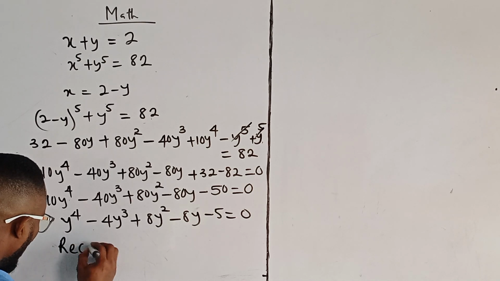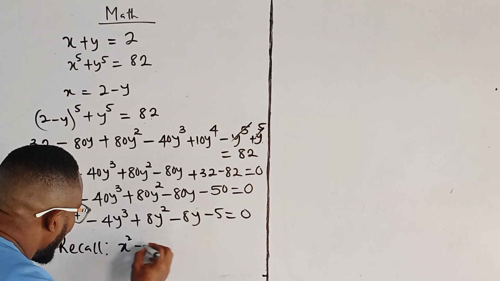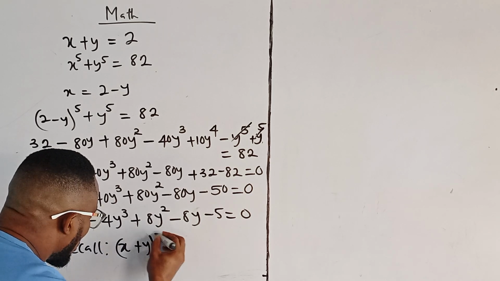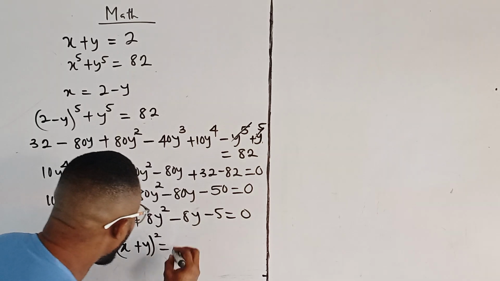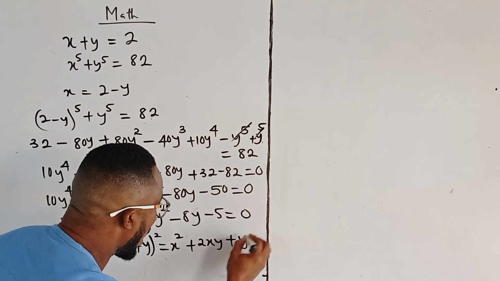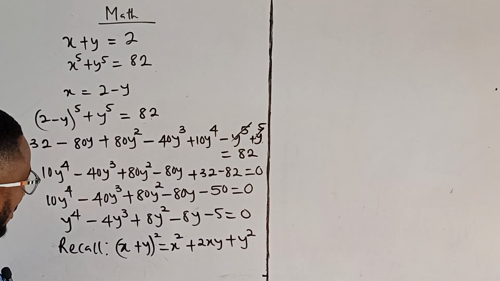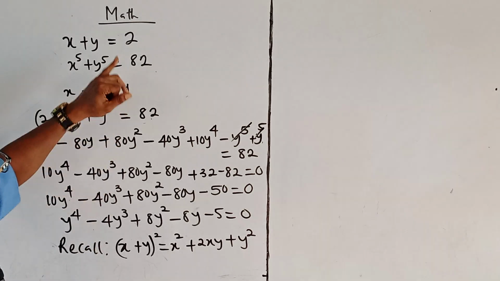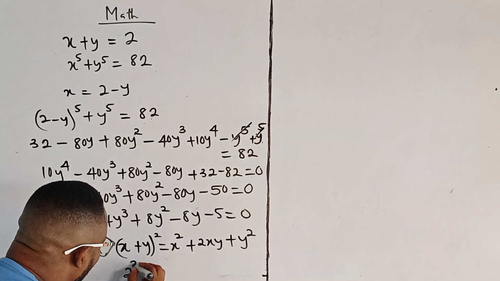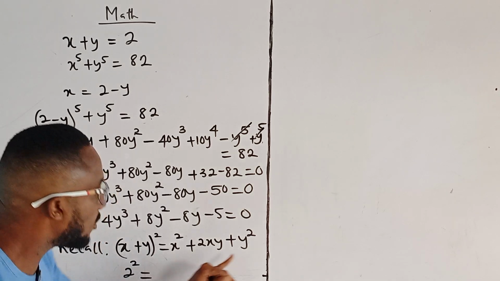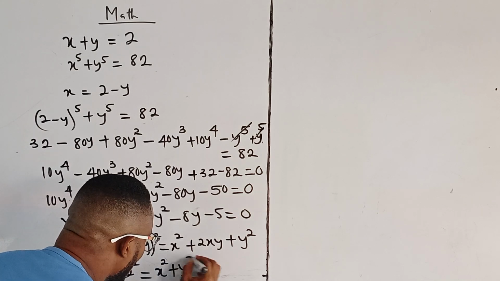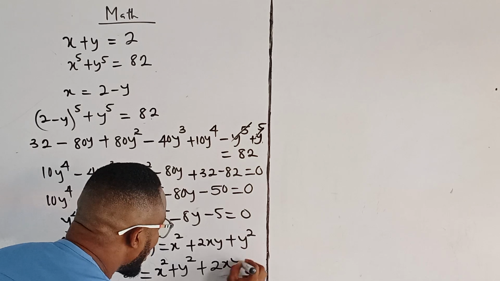We recall that (x plus y) all squared is x squared plus 2xy plus y squared. Now, from the very first equation, x plus y is equal to 2, so I can write 2 squared equals x squared plus y squared plus 2xy.